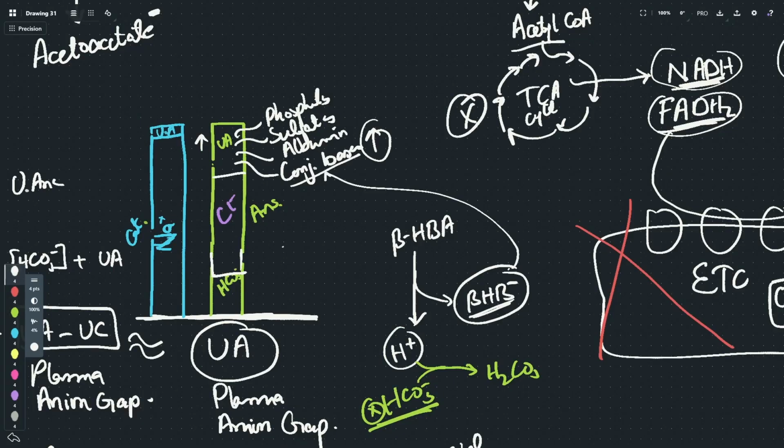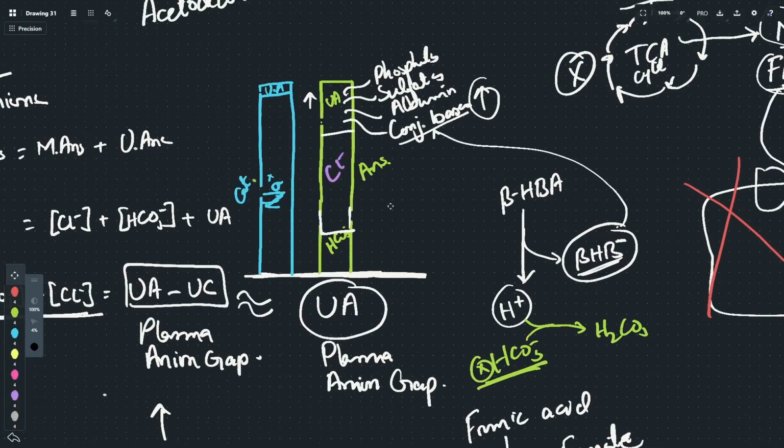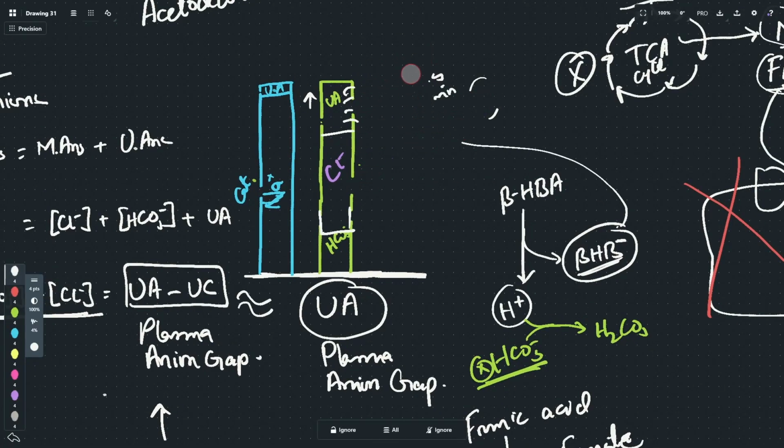So then something must rise. Why must something rise? Please understand that there is the principle of macroscopic electroneutrality. So let me declutter this and show you. Let's suppose the bicarbonate level was somewhat here, and its level decreases, it comes somewhat here.